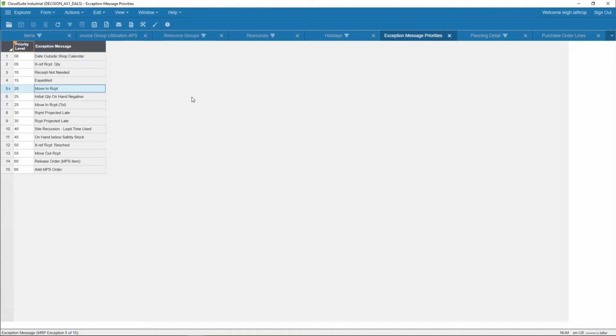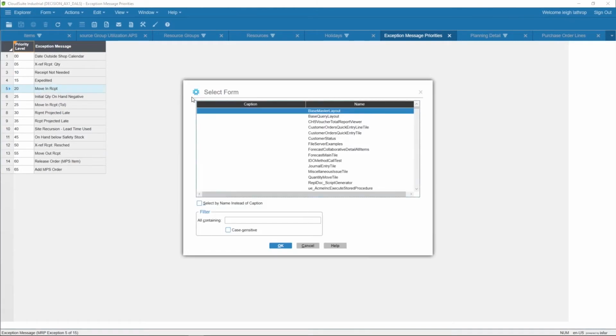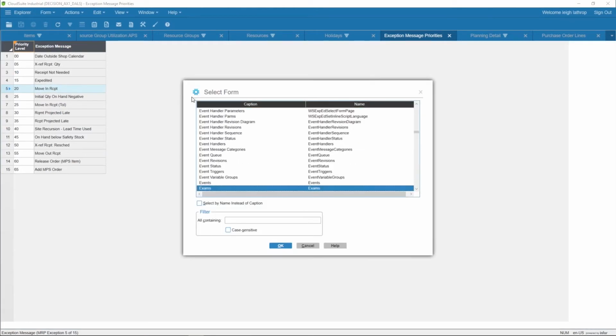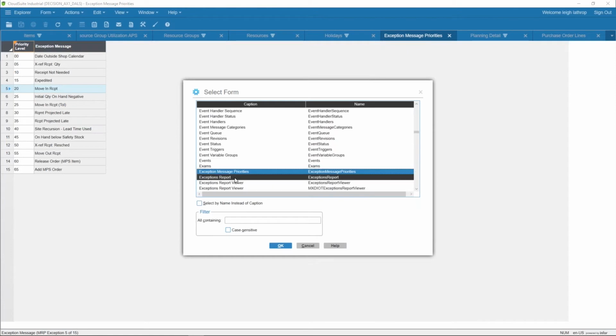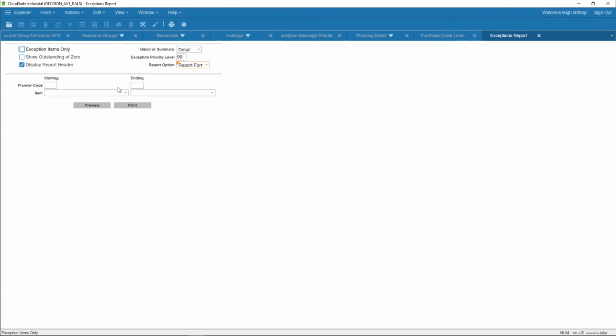When we get that in place, we run the exception message report. And you know how to run the exception message report, right? You run the report and tell it to run for a range of planner codes, a range of items, and this exception priority says what exception priority level we want to run for.